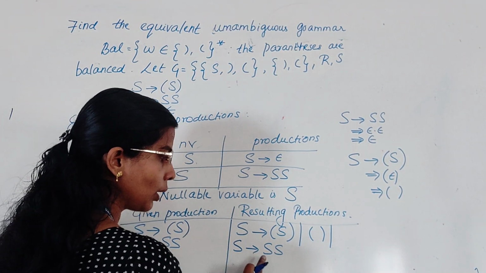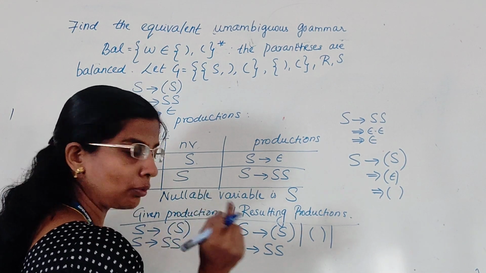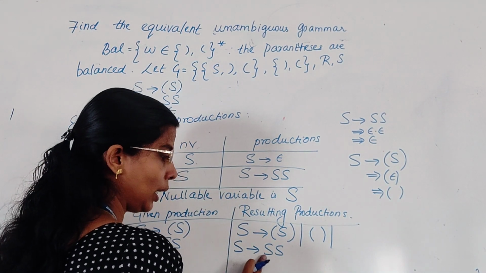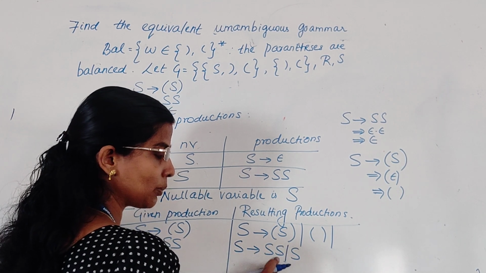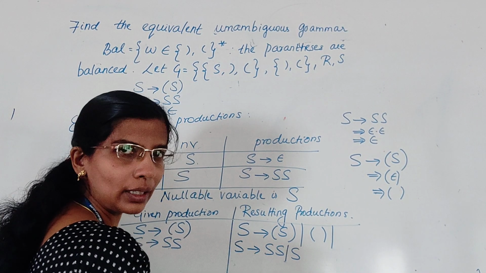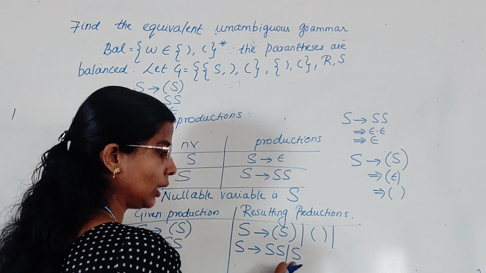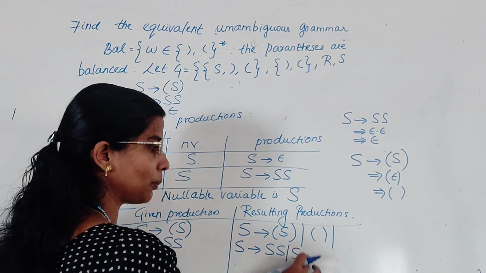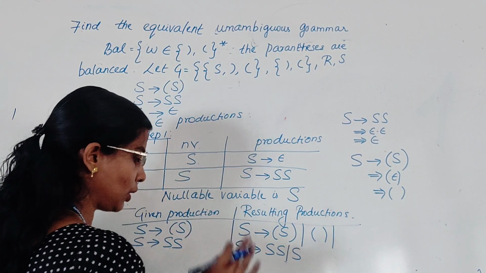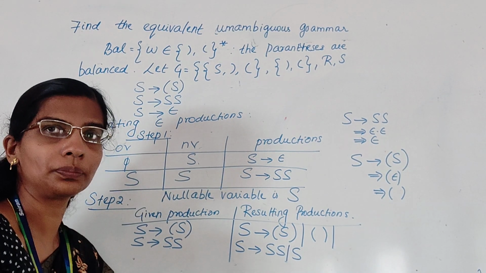Here you have two S, so one by one you have to substitute. First substitute null for this S, you will get S. Again, if you substitute null for the other S, you will get S only, so it's enough to write it only once. Next, when you substitute null for both, you will get epsilon. Don't write that epsilon because we are eliminating the epsilon production.